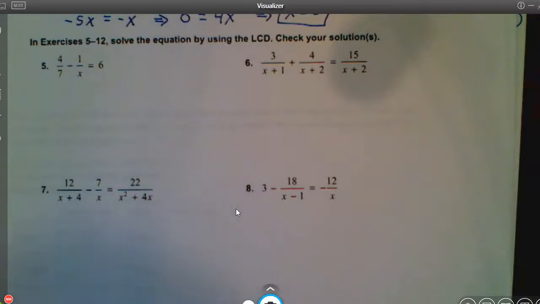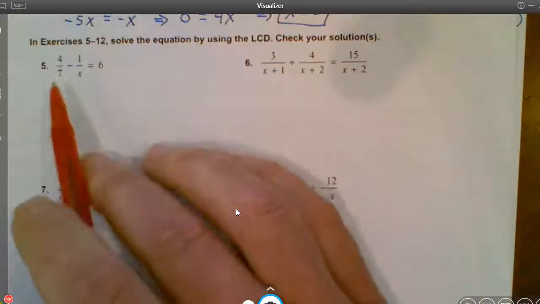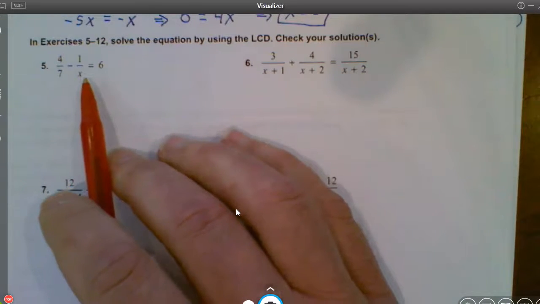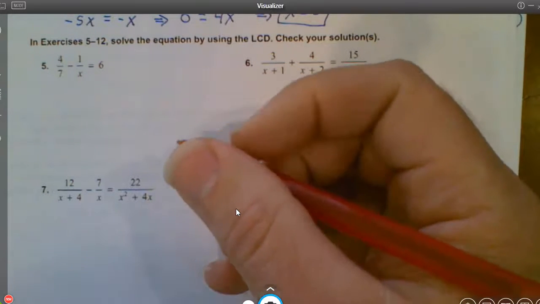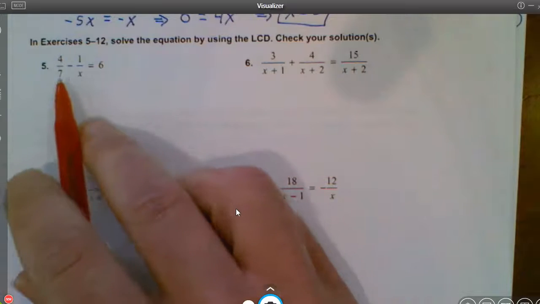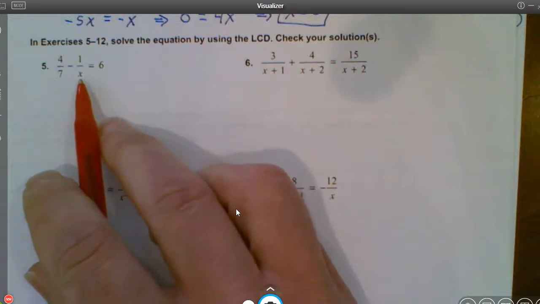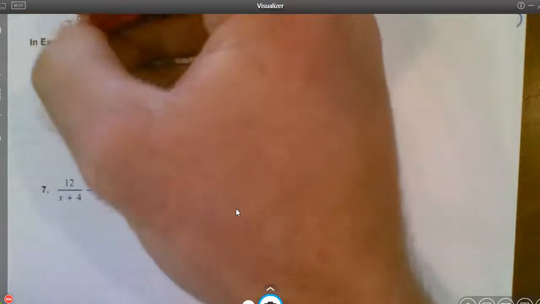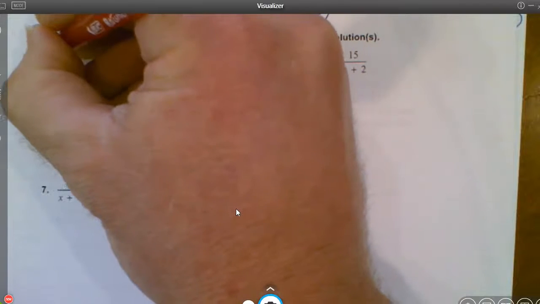We're going to solve these by taking a common denominator and distributing it to the entire problem. If we ask what's a value that 7 and x both go into, well, 7x is something they both go into.